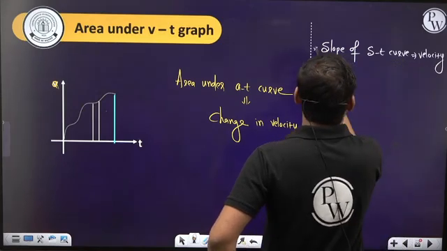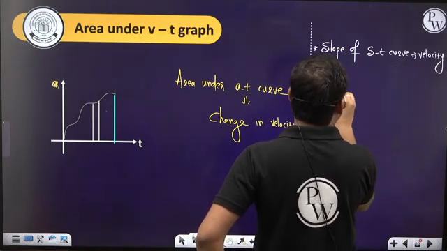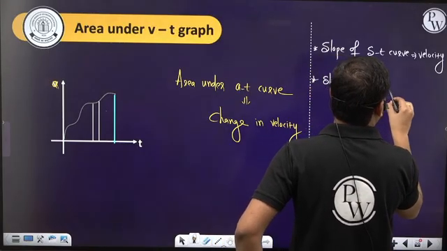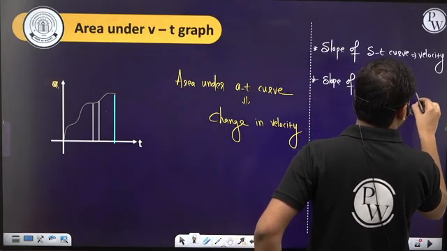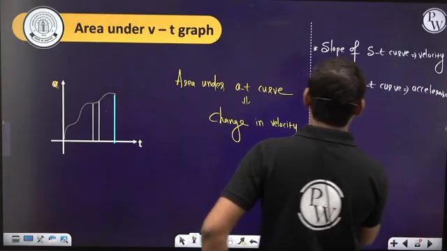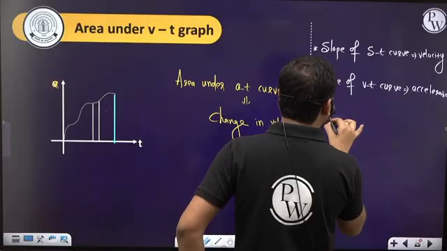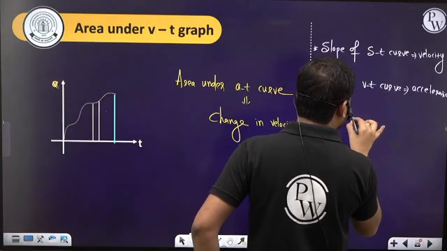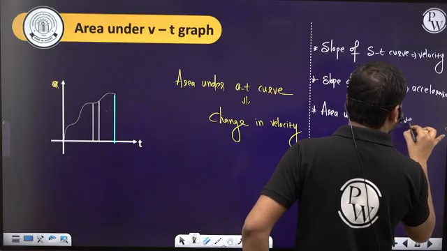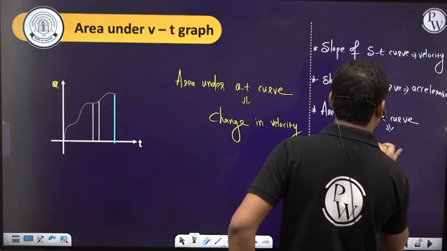And then the slope of the VT curve results in acceleration. This is also clear. And then the area under the VT curve results in the distance or displacement.